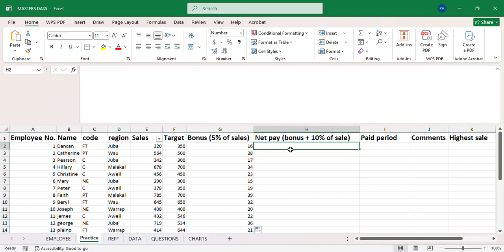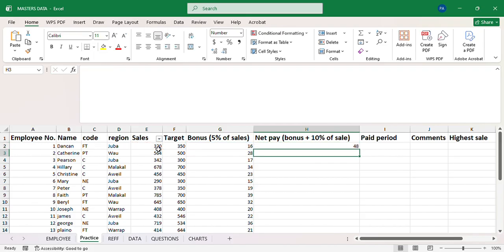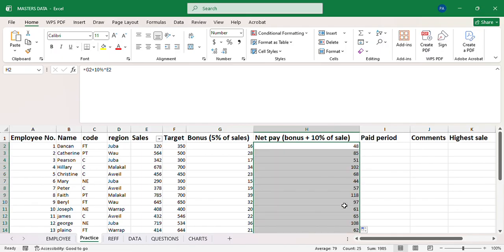So we are going to say equal sign, then you click on the bonus, then plus 10% times the sale, so that we are now able to understand the net pay. So this person, the first person, will be paid 48, and so on.